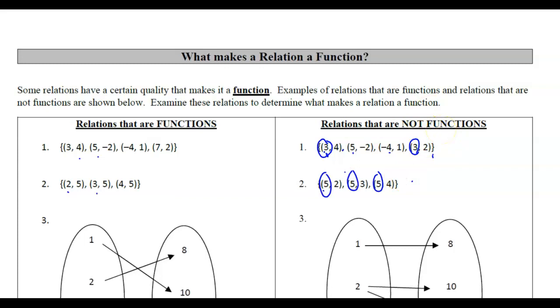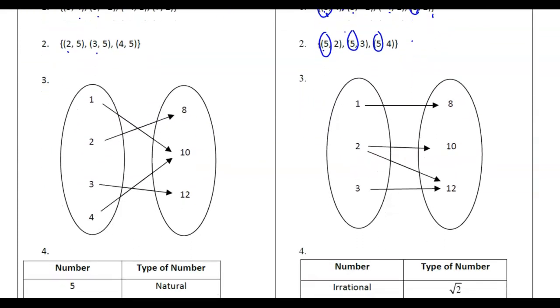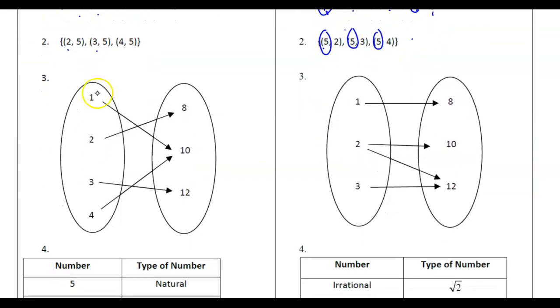So let's just continue down and look at the arrow diagram. So here, the domain 1, 2, 3, 4, and the range 8, 10, and 12. So this one for 10 is the range value for two different domains. And that's a function. Over here, we have just 3 domain values and 3 range.